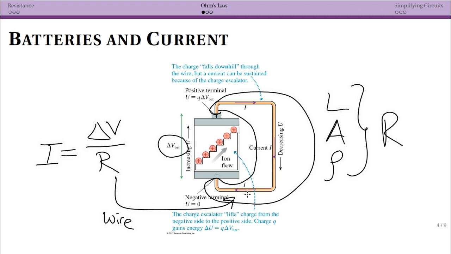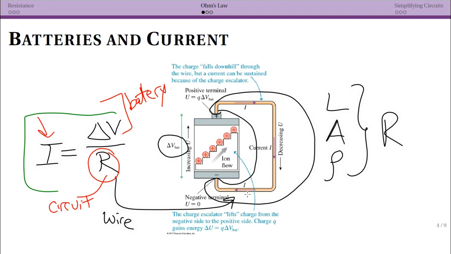And how you are demanding current is by changing this resistance. So this is from the battery. It's fixed. This is from the circuit, whatever you're actually attaching to the battery. And this is then just what results, what is necessary to make those other things related in this lovely equation that we call Ohm's law.